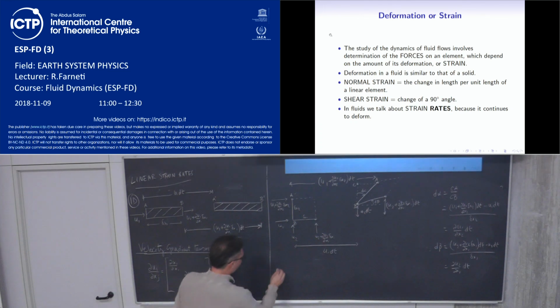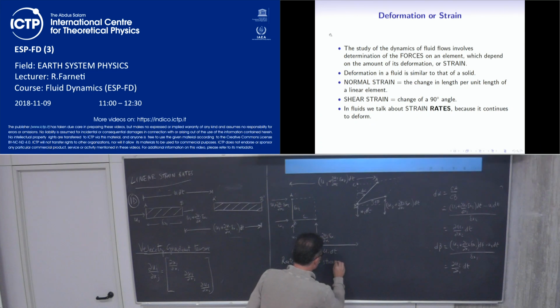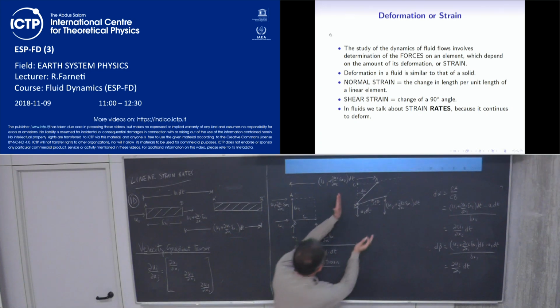So now what we care about is the rate. So the rate of shear is the sum of the two. The shear is what caused these two angles.